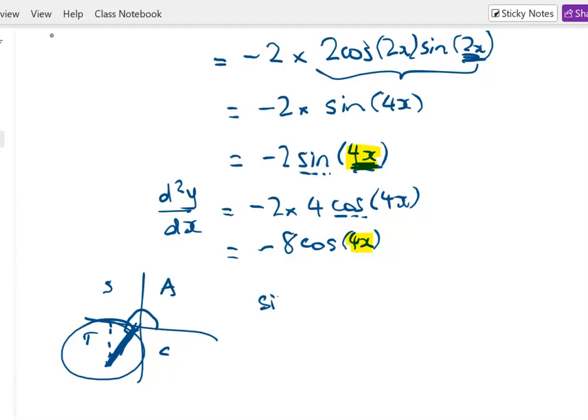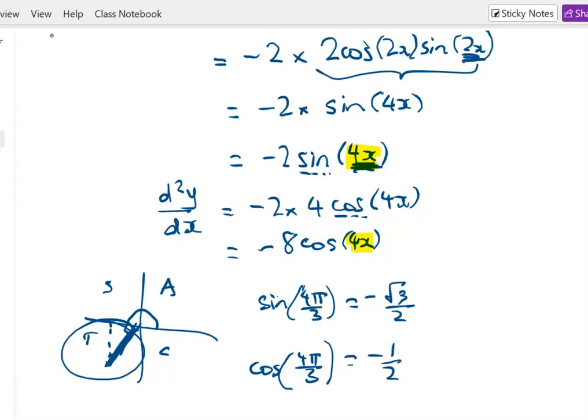Right, so sine of 4 pi on 3 is going to be negative root 3 on 2, and cosine of 4 pi on 3 will be negative 1/2, right? So that's using my special triangle.